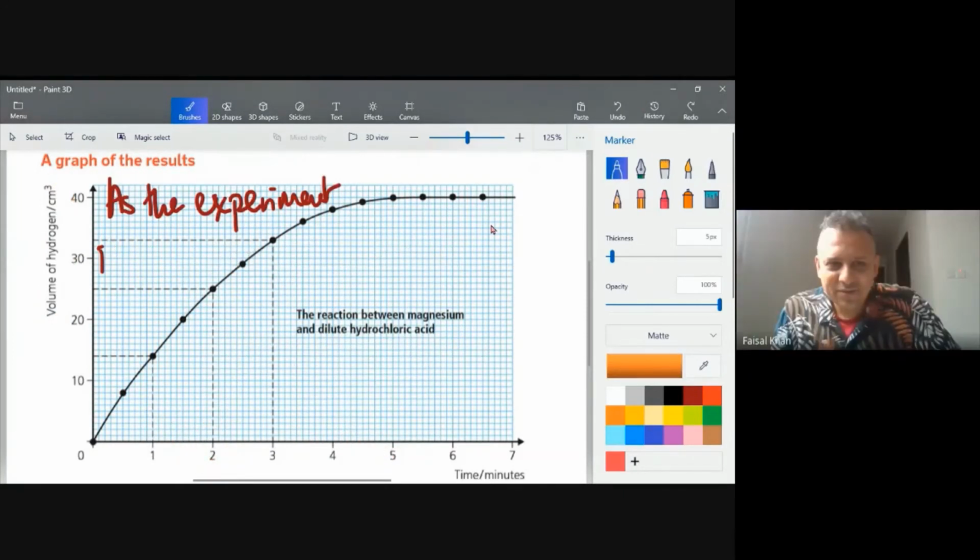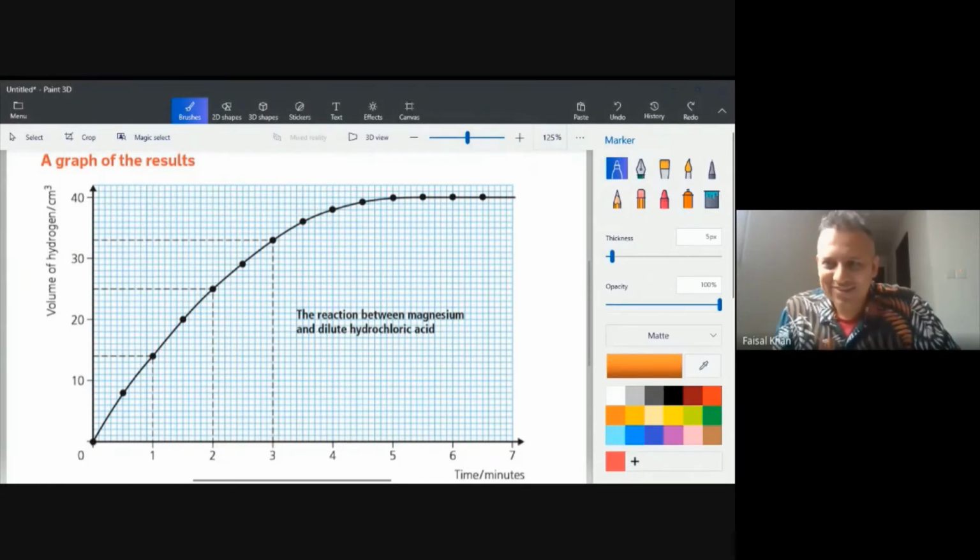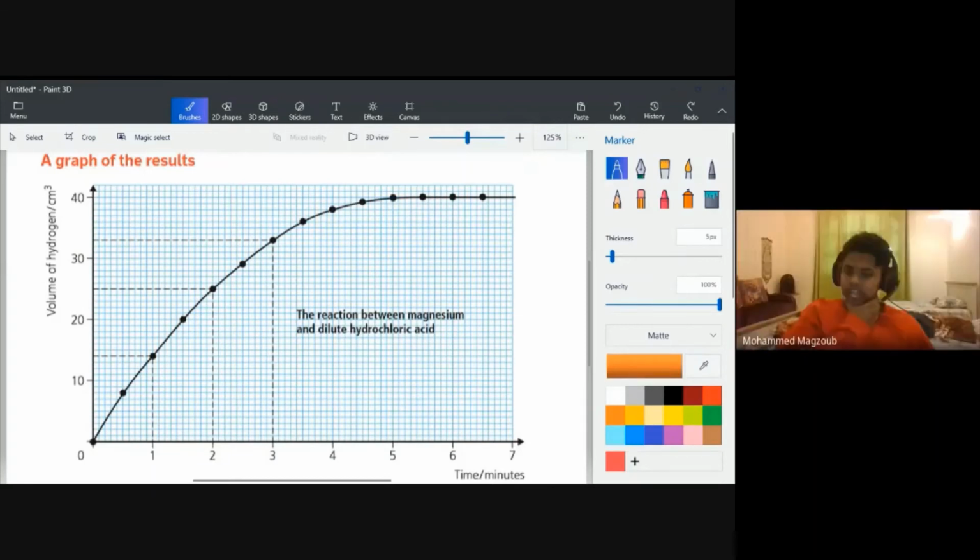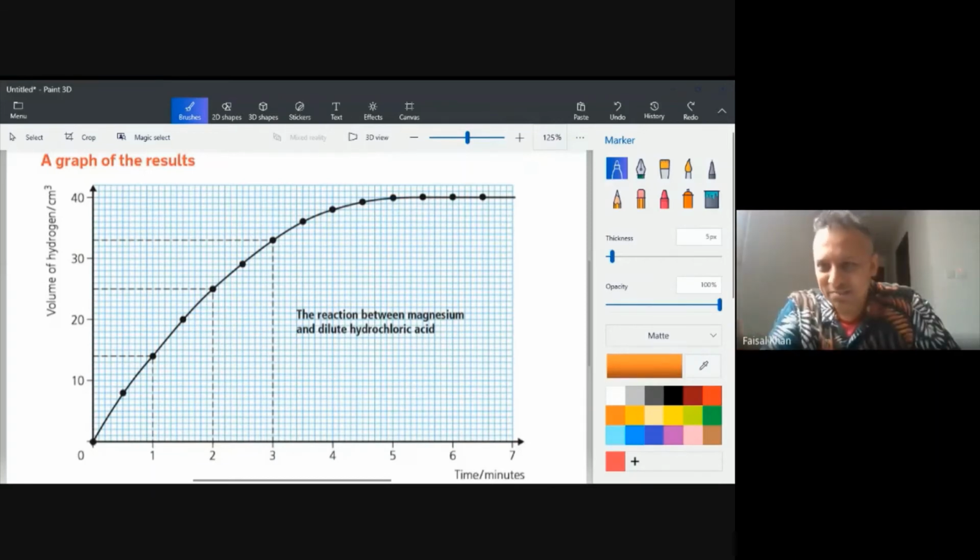So graph questions are hard, but graph questions require what? Maths. Yeah, they require patience. Patience and perseverance, yeah? Those are good qualities, right? There you go. Determination.